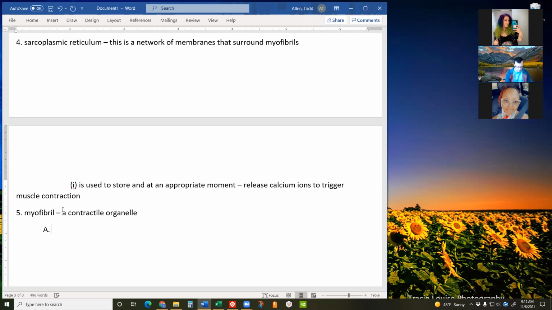Okay. When you weight train, you get bigger, stronger muscles by manufacturing additional myofibrils inside the muscle cells.